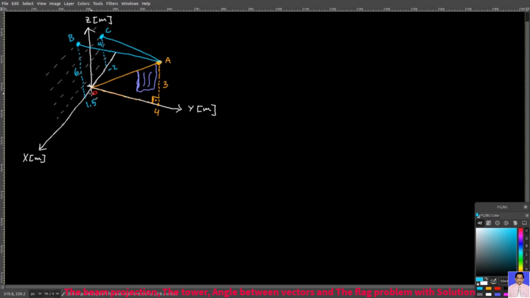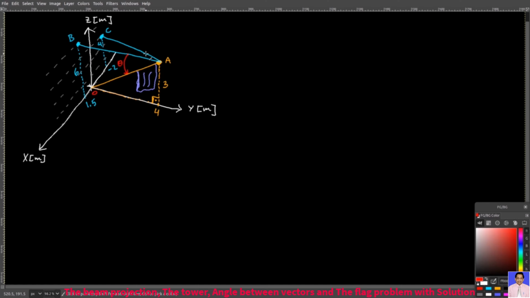And in order to go from O till C, you have to go 2 meters in the negative X direction and 4 meters in the positive Z direction. And now the question is, what is the angle from the cable that goes from A till B until this rod? So let's call this angle theta.